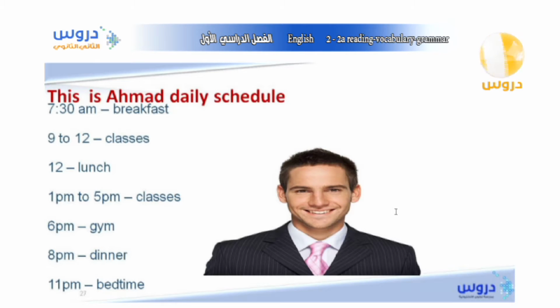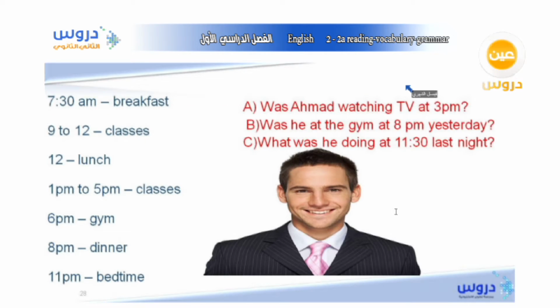So, welcome back, Hiba. I want to ask you all, was Ahmed watching TV at 3 p.m.? Can you tell me, was Ahmed watching TV at 3 p.m.? You can see the schedule now.